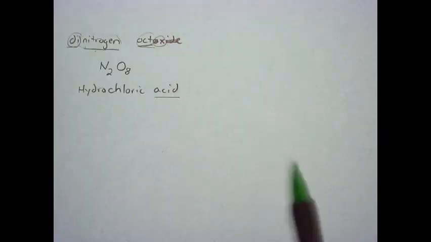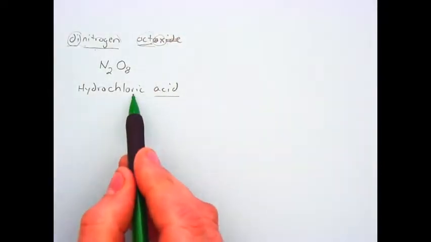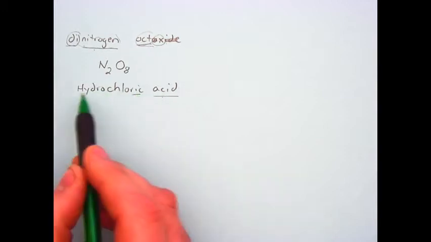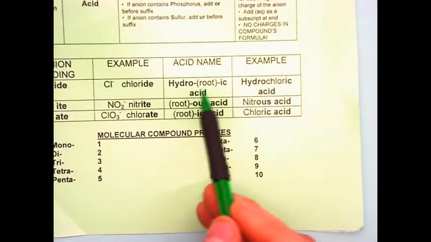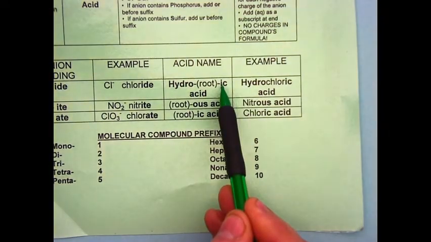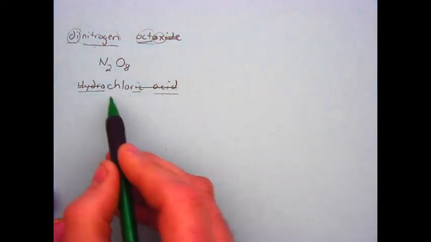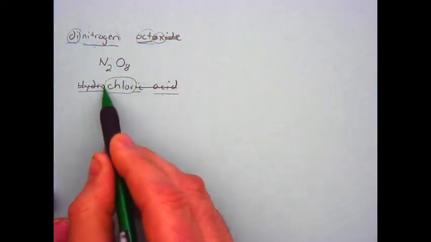In this case, yes, it has ic acid, but it also has the prefix hydro, which means that it has to be this possibility. So we cross out all of the add-ons, and we simply have chlor.